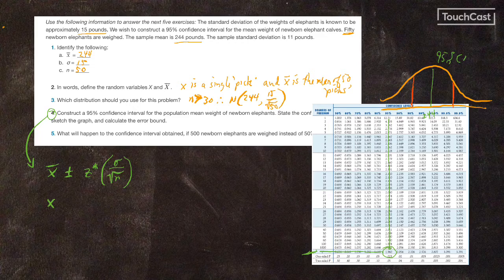So I can take this now and plug it in. X bar, which is 244, plus or minus, and now we know the z-score is 1.960 from looking in the chart.